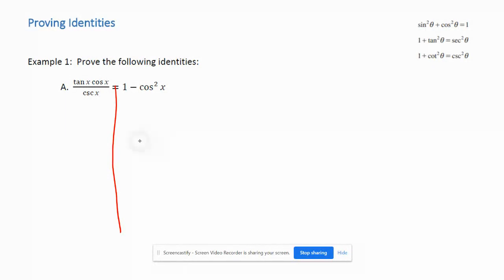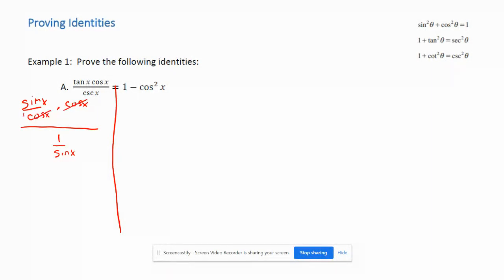So we know that tan x is the same thing as sine over cos. And we're multiplying times cosine x. And that cosecant x is the same thing as 1 over sine. Okay, so a bit of cancellation here. The cosines are going to cancel.